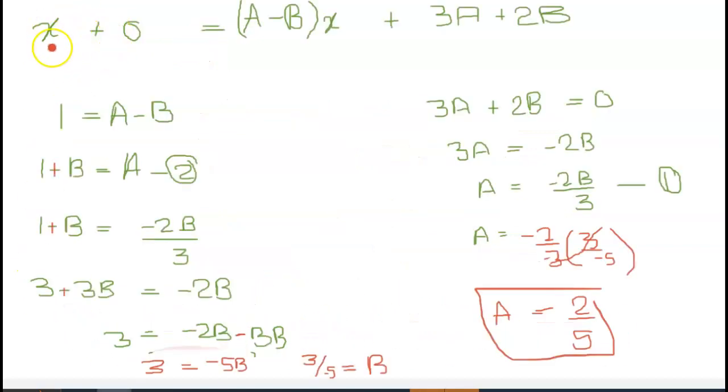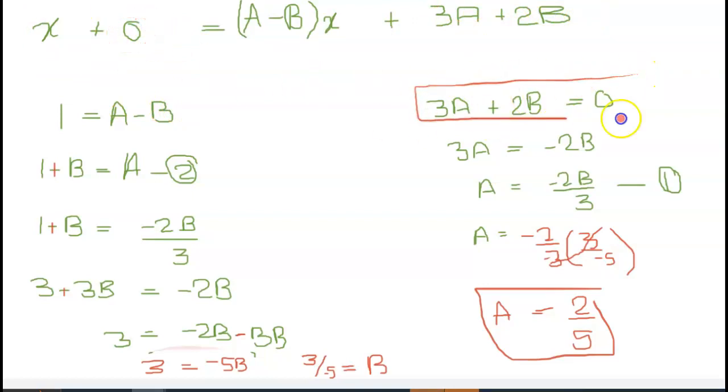Now we need to match the coefficients. There is x plus 0, I can add 0. So A minus B should be equal to 1 because the coefficient of x is 1, and 3A plus 2B should be equal to 0 because that's a constant.